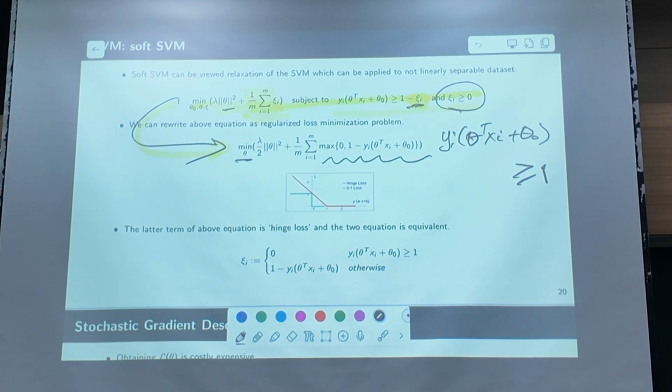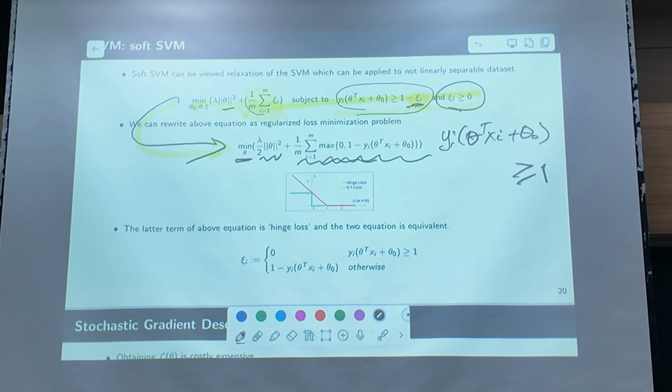So minimizing this sort of maximizes the margin, and this and that combined gives me some average value of the hinge loss of each of the training data.